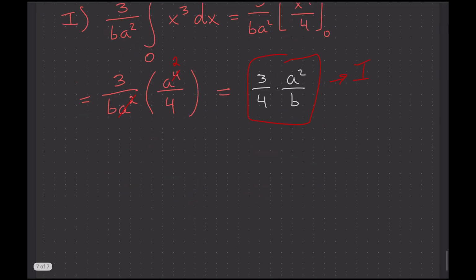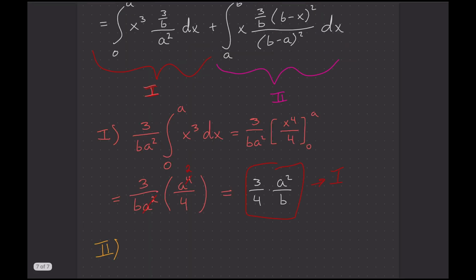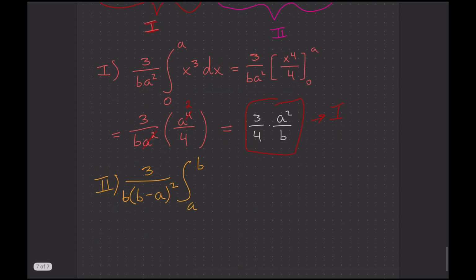Now let's do integral 2 in this color. So we can pull out a few things. We can pull out b minus a. This is squared. Then we have a b in the denominator, and we have a 3 on the top. Then we have a and b over here.